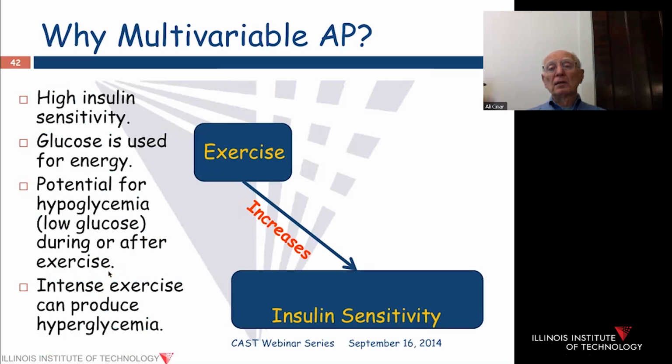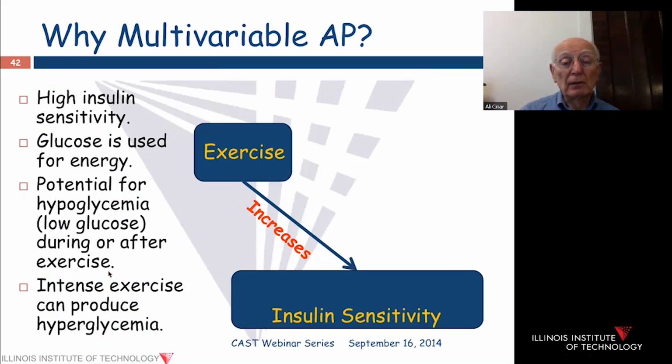Why go to multivariable AP, to revisit the problem when people exercise? The sensitivity to insulin increases, and also more glucose is used for energy during exercise, and these two factors create a potential for hypoglycemia during and after exercise, and it may last not in terms of minutes, but in terms of hours, or on occasion, it can go for 24 hours or more as a potential.